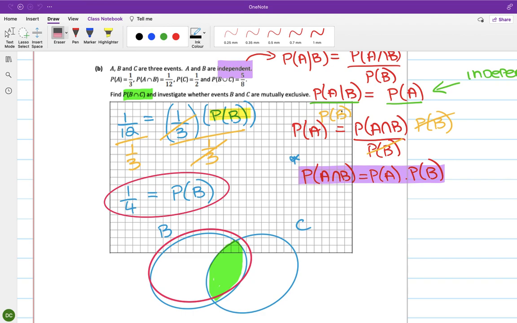And then we also have the probability of C, which is up here, but again, that's the whole thing there. And then we are told that the probability of the union is 5/8.